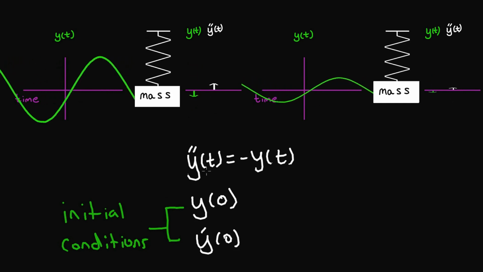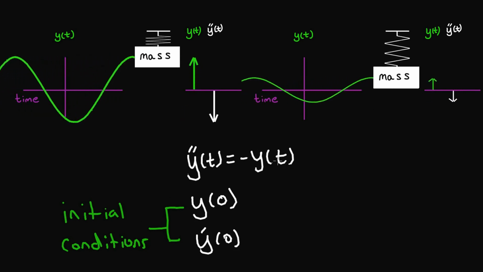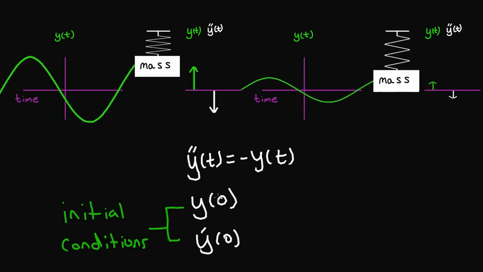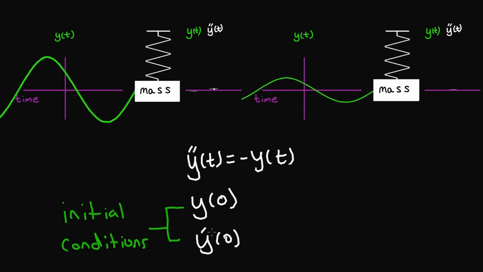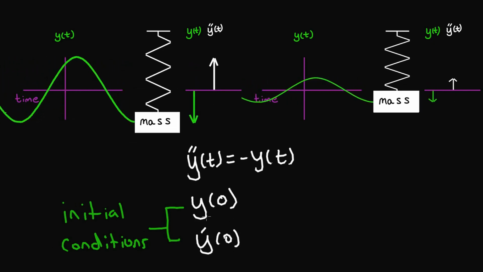And if you told me that a system satisfied this differential equation, y double prime is equal to negative y of t, and you also told me the initial value of y of 0 and y prime of 0, I could tell you the exact solution. This information together completely specifies this system.